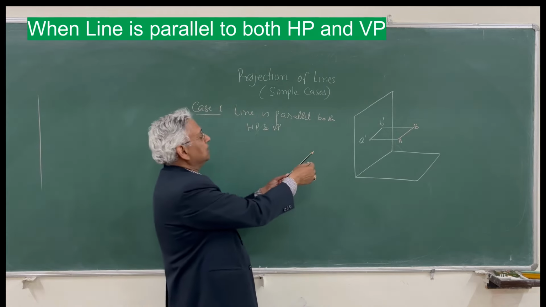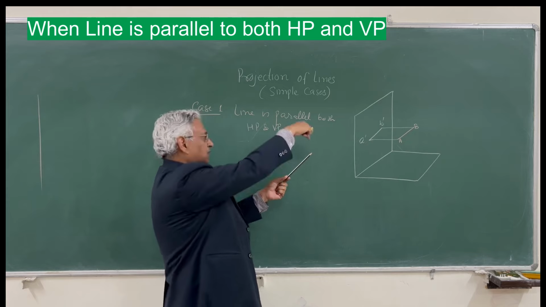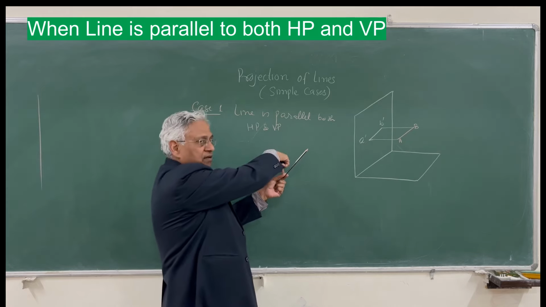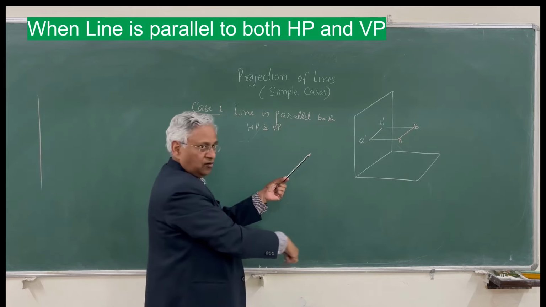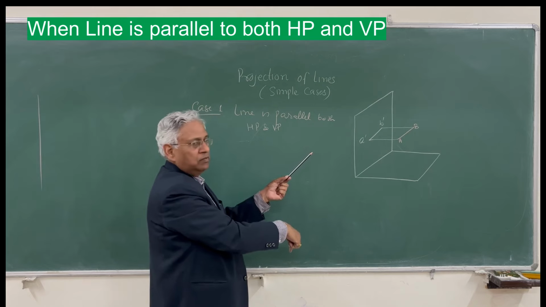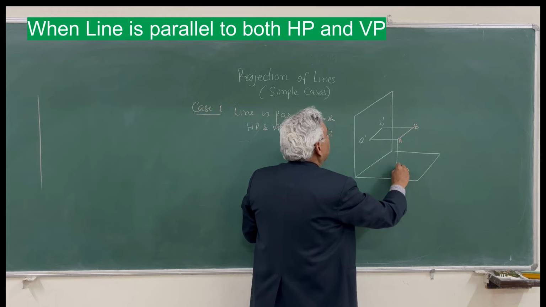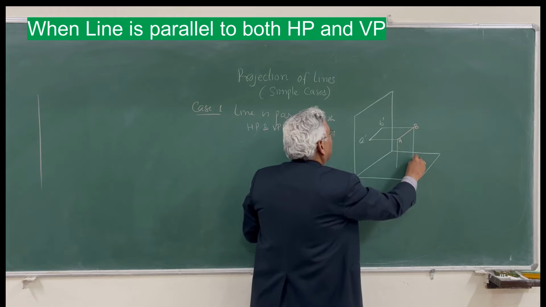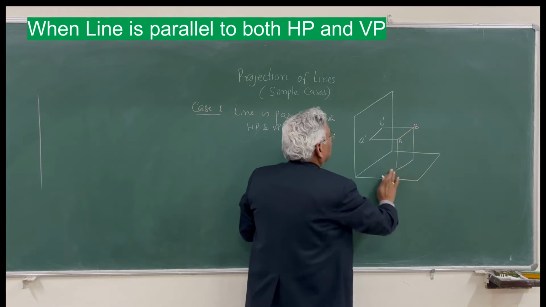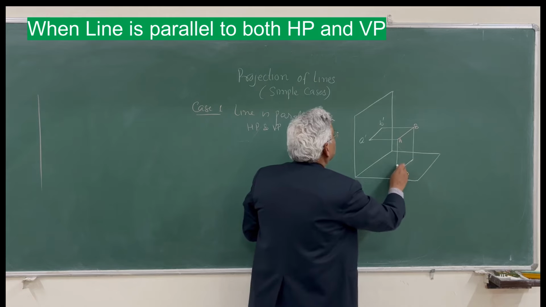Similarly, if this line is parallel to the vertical plane, then this distance and this distance are the same, and therefore the plan of this line AB on the horizontal plane will be parallel to the ground line. So A and B will also be parallel to the ground line, like this.